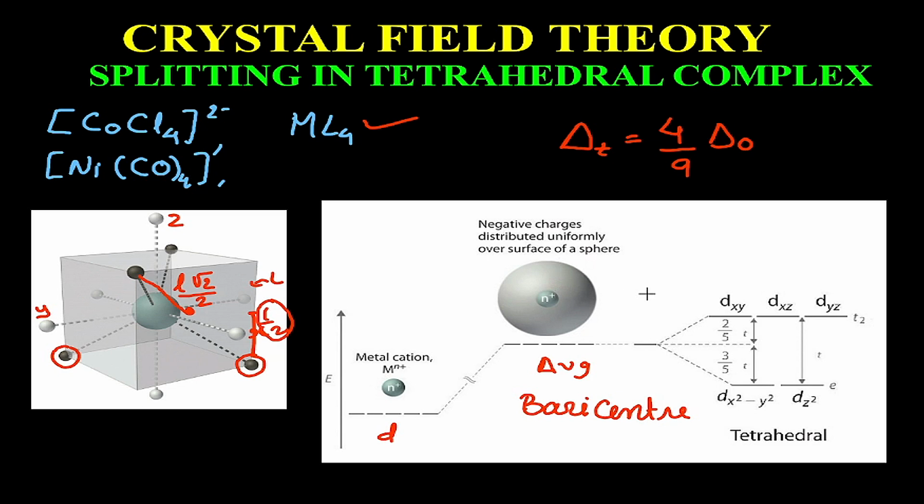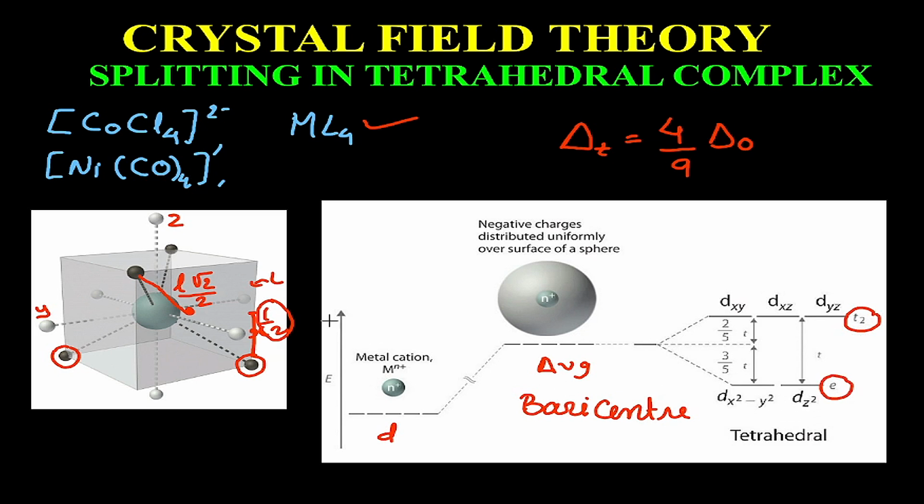As the distance of the ligands from the dxy, dyz and dzx orbitals is closer as compared to the other orbitals, the five d orbitals split into a set of three orbitals and a set of two orbitals. The set of three orbitals is represented by T2, and the set of two orbitals is represented by E.